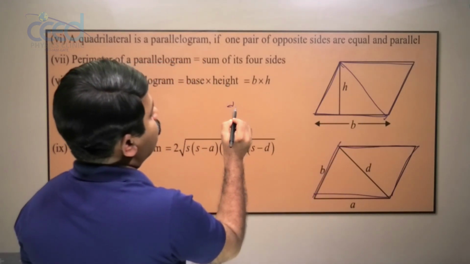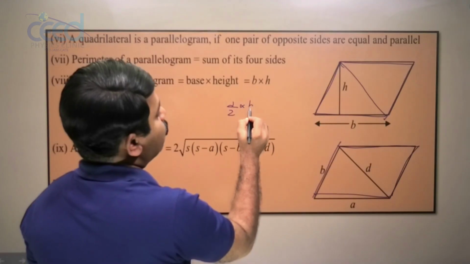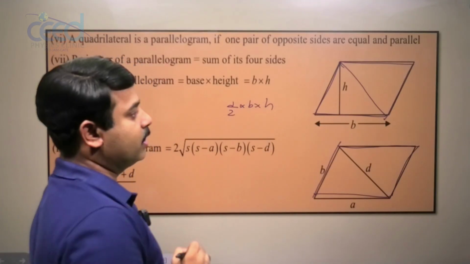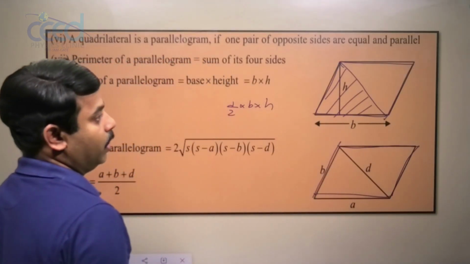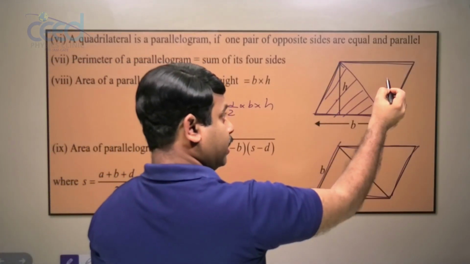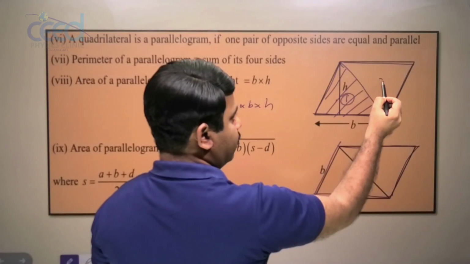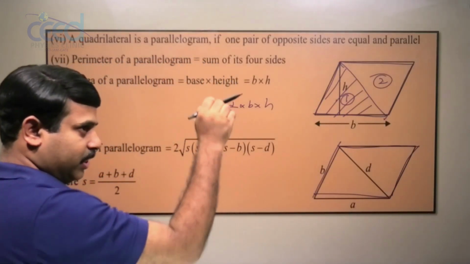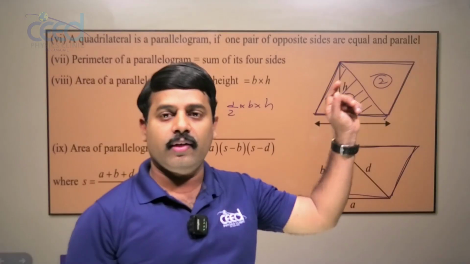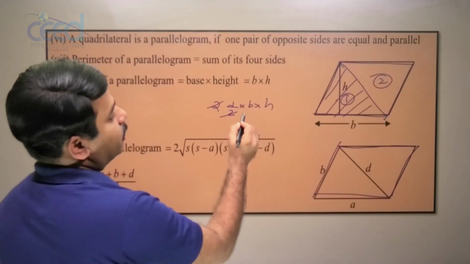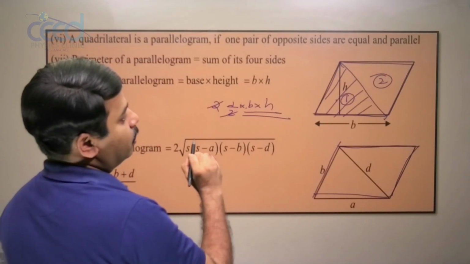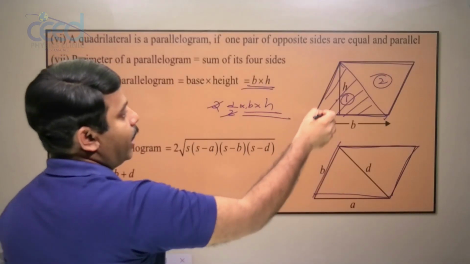Half into base into height. This is the first triangle, this is the second triangle, and the area of this triangle is equal to the area of the other, because they are congruent. We have seen these two triangles are congruent, right? Then 2 times half, the 2s cancel, then B into H, base into height.